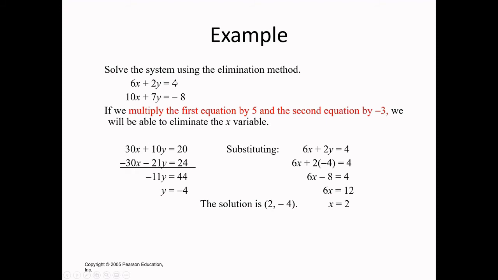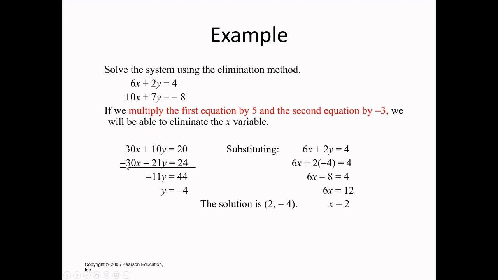If we take 5 times the first equation, we get 30x plus 10y equals 20. Then we're going to multiply the second equation by -3: -30x minus 21y equals 24. Now, why did we choose 5 and -3?